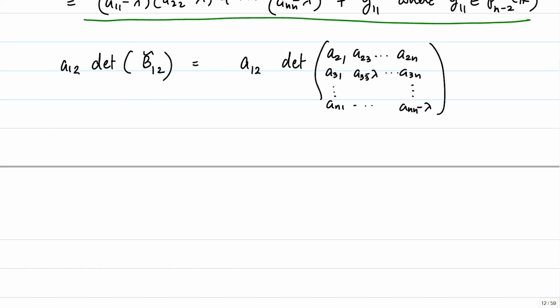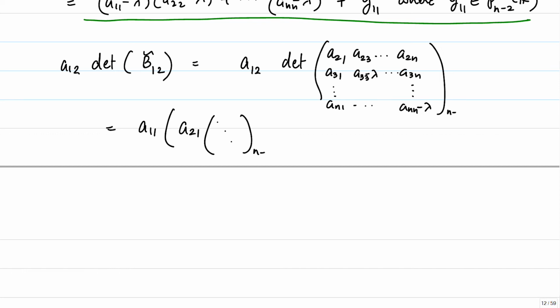Now look at the determinant of this matrix by looking at the cofactor expansion along the first column of the matrix which I have just put in the box. What will it be? This will be A21 times the determinant of a matrix.